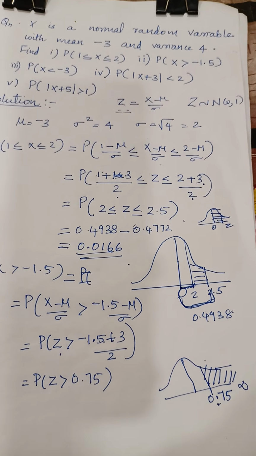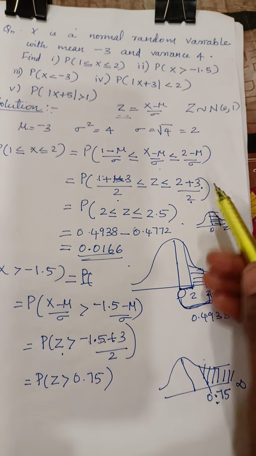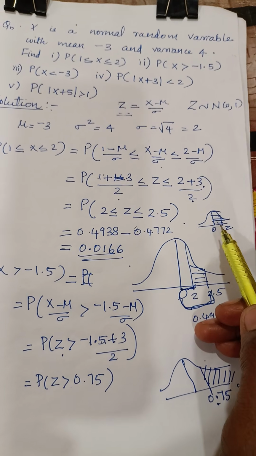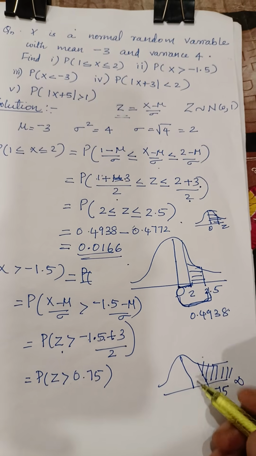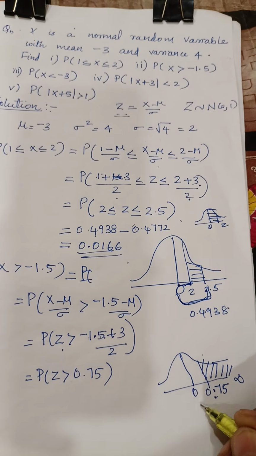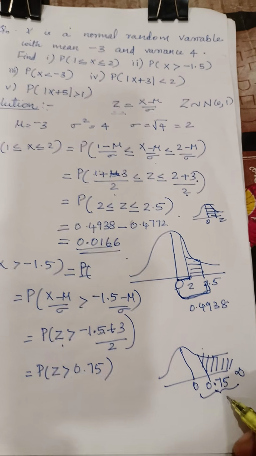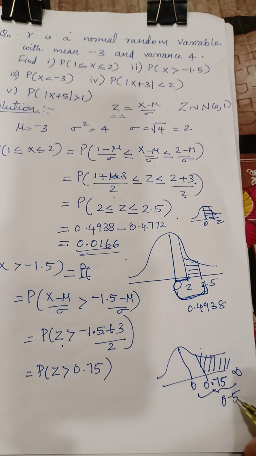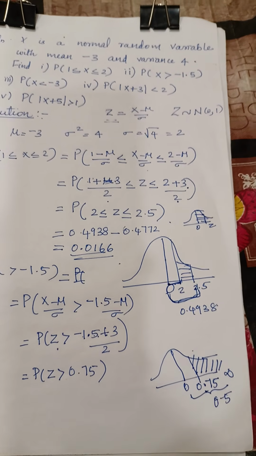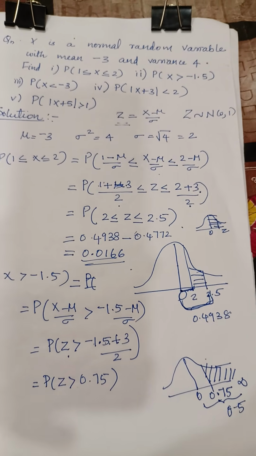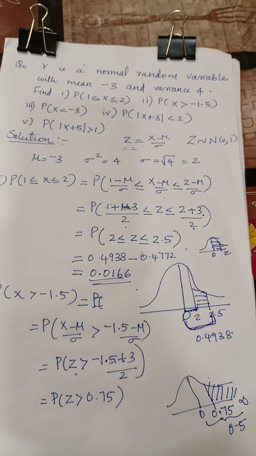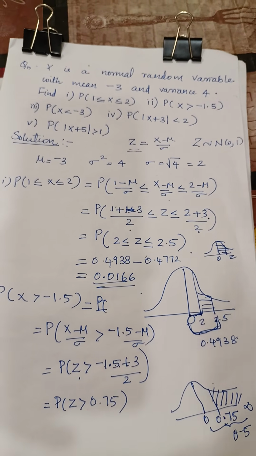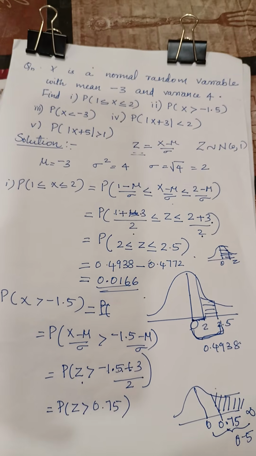So how can we find that? Because we have the value of probability from 0 to z in the table. So what can we do? We know that probability from 0 to infinity is 0.5. We have already discussed that in the properties, that the normal curve is symmetric about the mean, and probability from minus infinity to mean and from mean to infinity is 0.5.